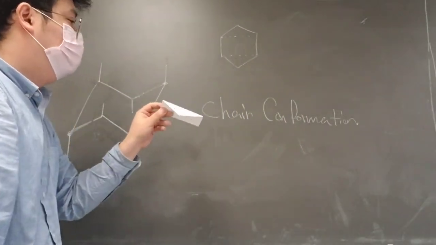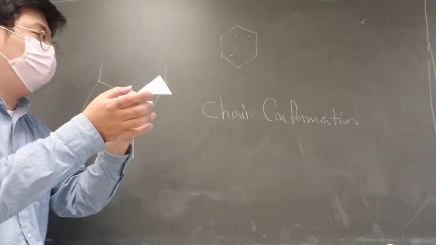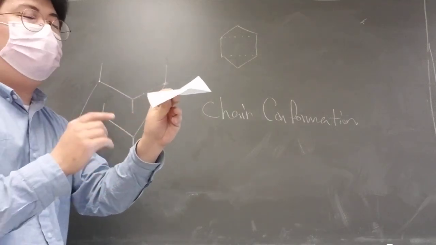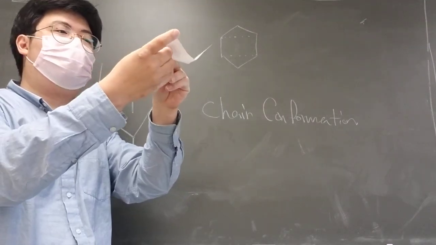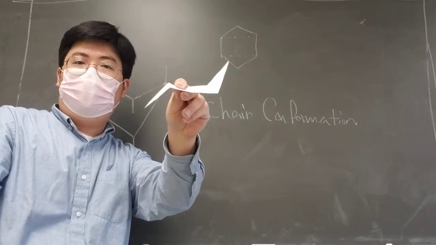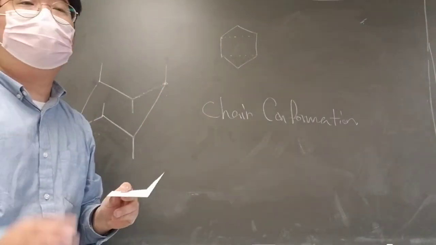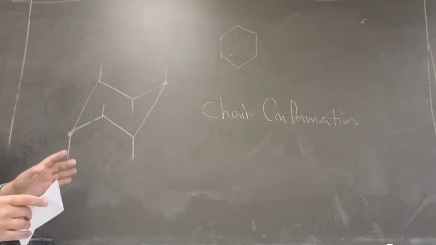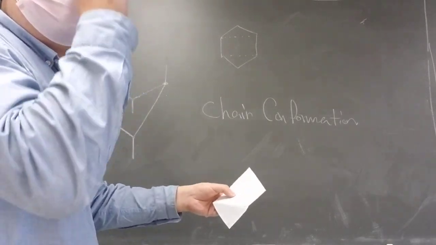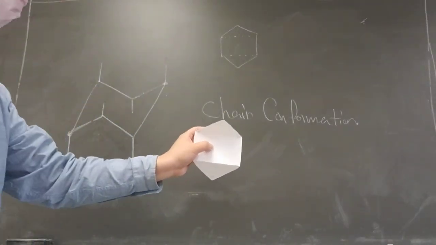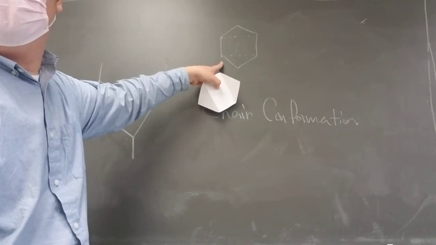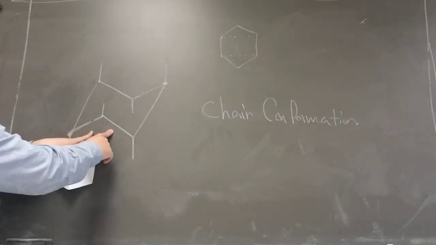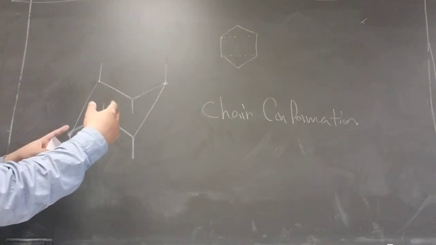So this is what this is. This looks like a chair because it's like a chair you can sit on, right? So this is what we call the chair conformation. But as I mentioned, looking at it from top to bottom, it is still this shape right here. It doesn't mean it's transformed into a different form.